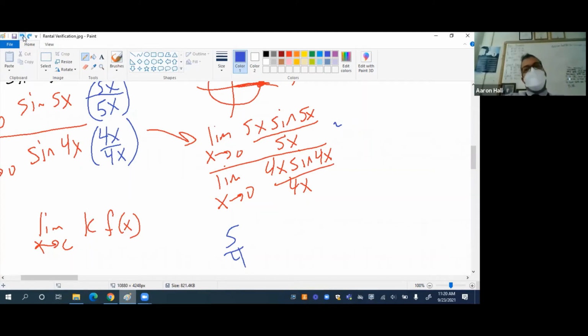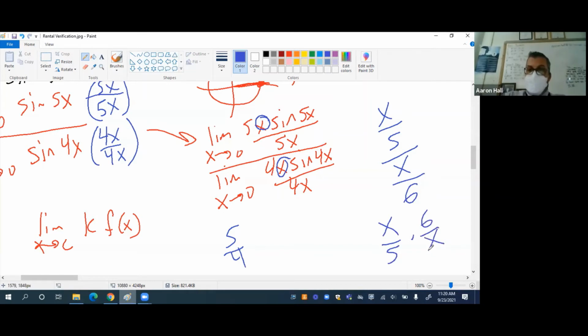I do see that, but I think it's just slightly complicated. So the x's cancel out. For that reason, if I have x over 5 over x plus 6, and I do a keep, change, flip, then the x's cancel out. Okay.